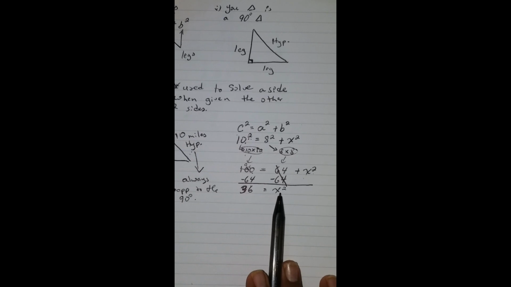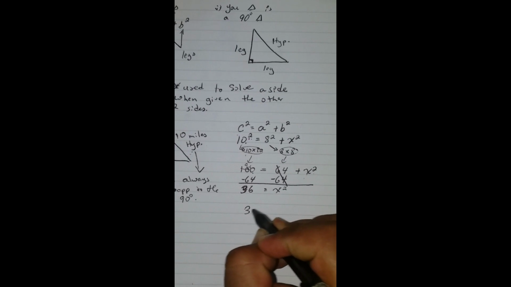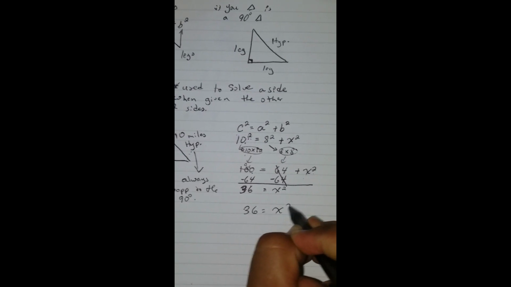Now we haven't finished, because if you notice, the triangle said solve for x, not solve for x squared. So what do we do to get rid of this squared? Once you end up at the last step, you have 36 equals x squared.